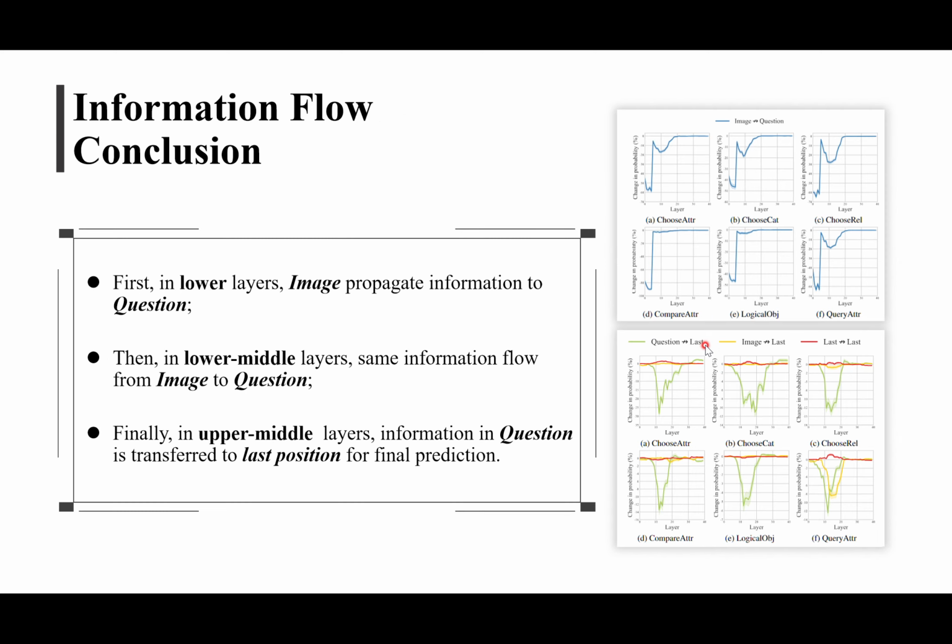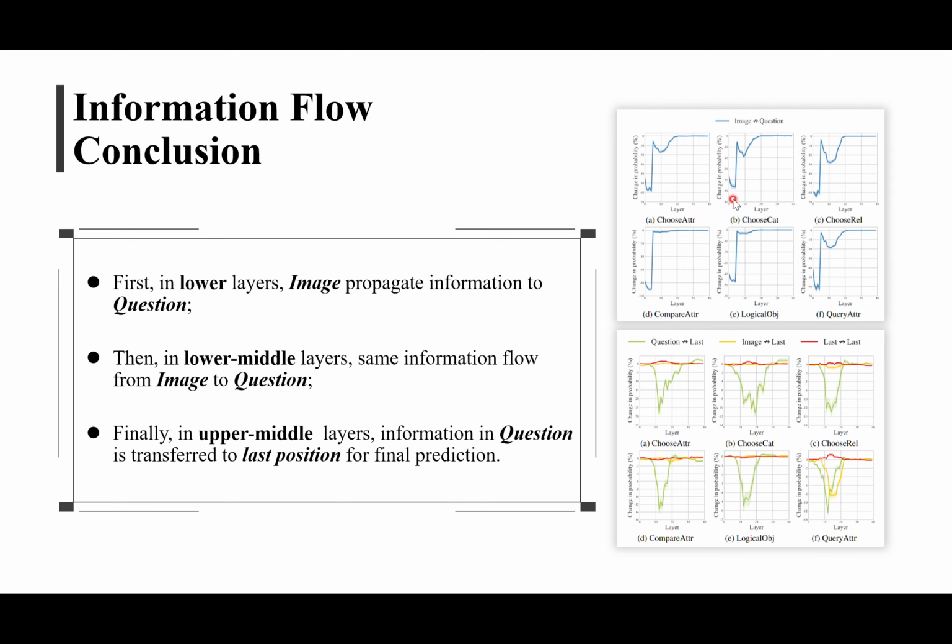So from now on, we can make a small conclusion. When a multimodal large language model is doing a multimodal task, in low layers, the image transfers information to the question two times.